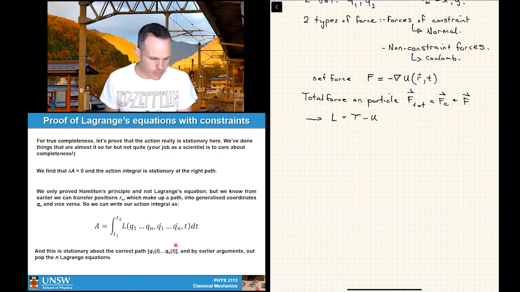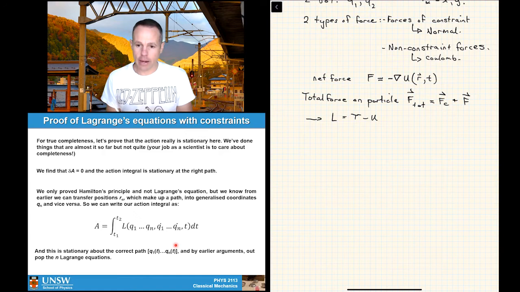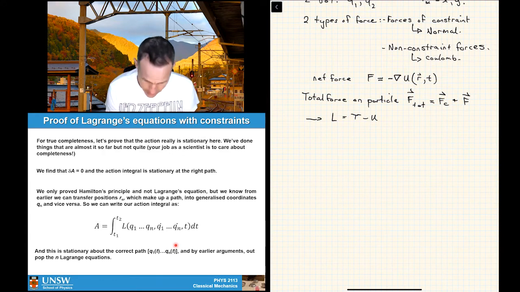And since the potential energy only comes from the non-constraint forces, the definition of L automatically excludes the constraint forces. This is why it happens.